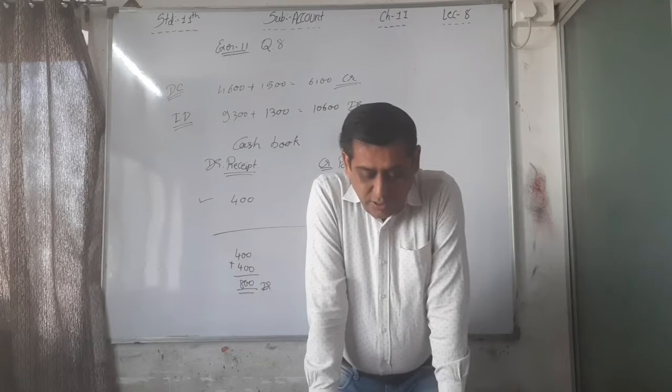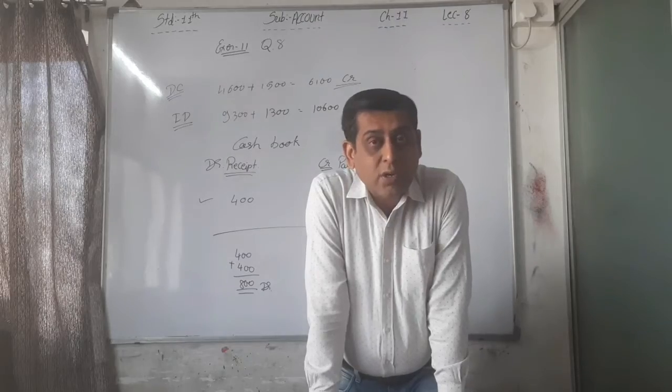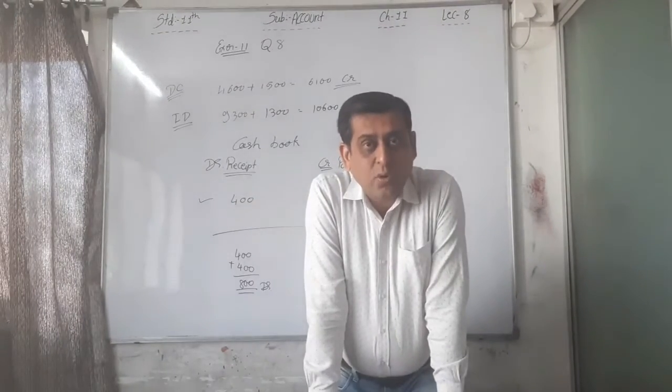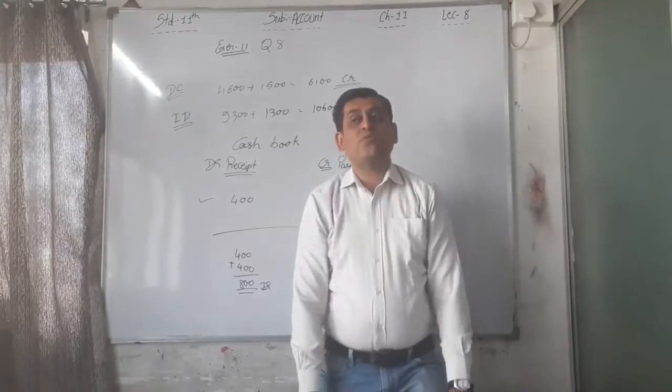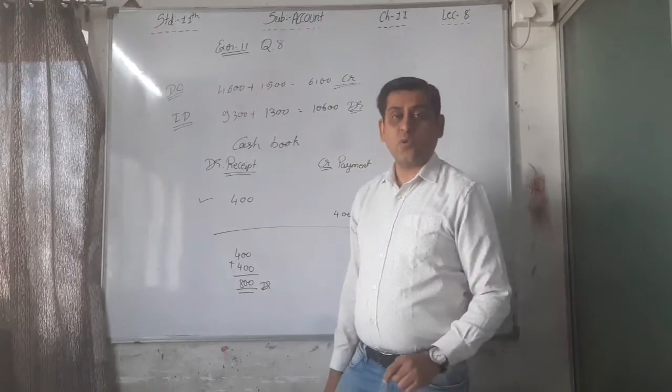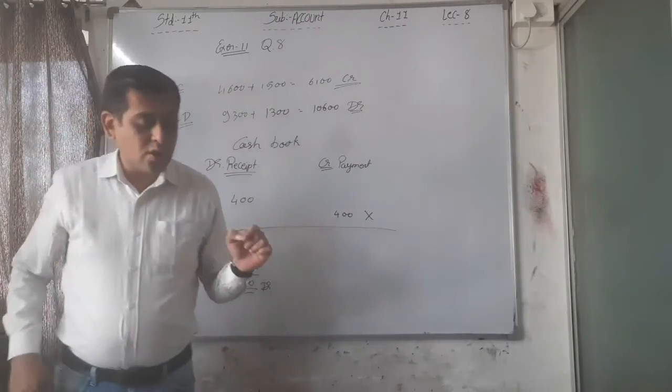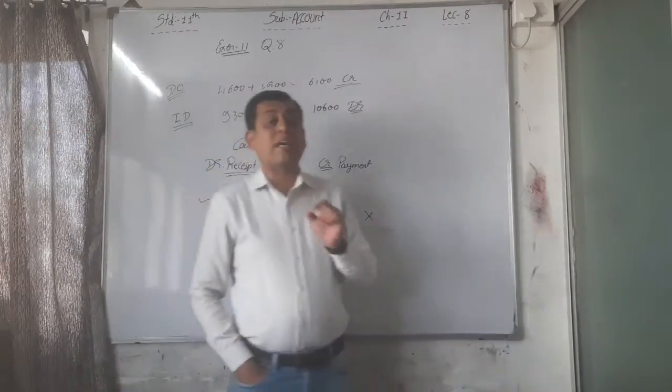Now the 9th situation: signature is forgotten in check drawn, check issued but not presented, signature mistake. At the time of check issue we record it in the cash book, but the check bounces because it was not signed, right?